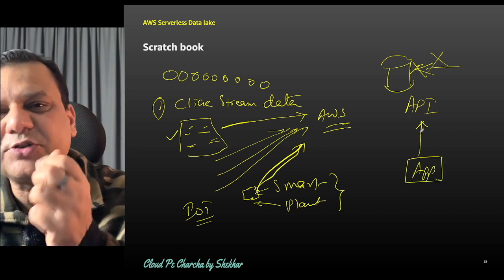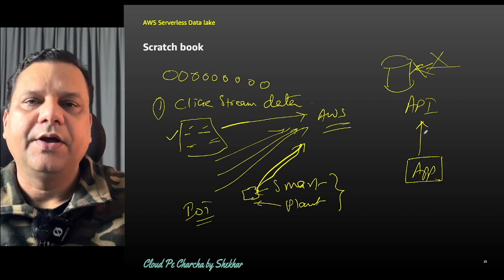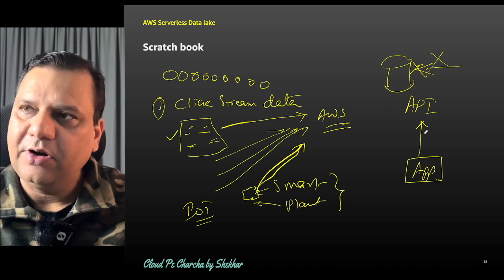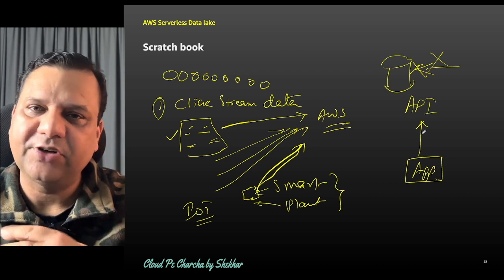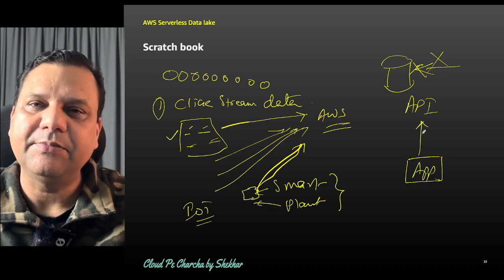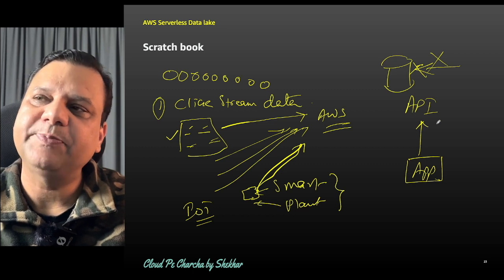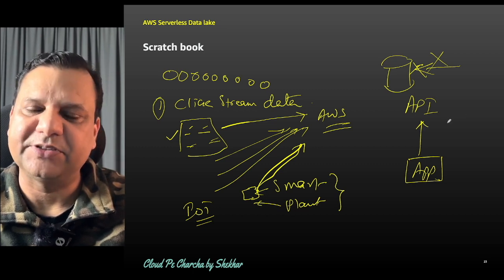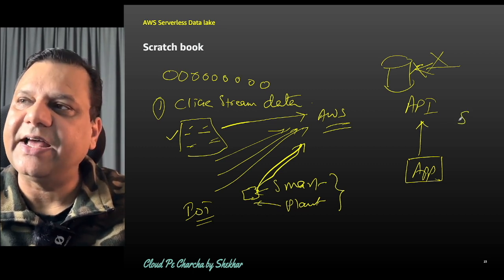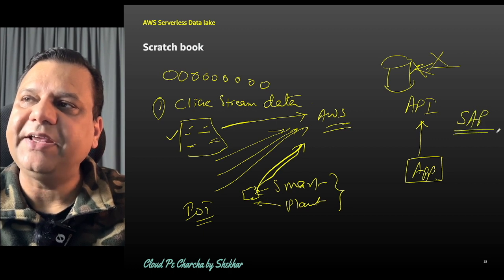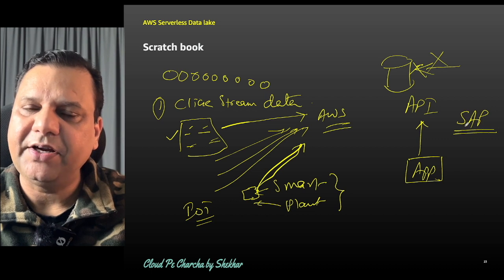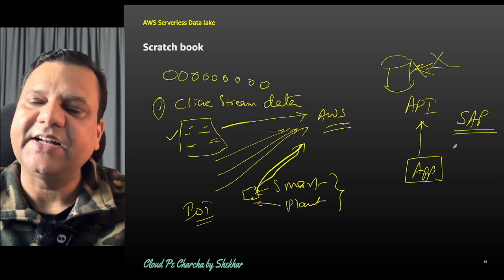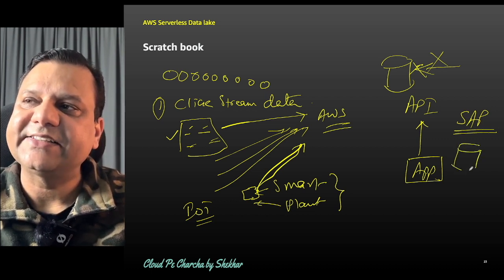get all that data. Now, either you can write your own code to fetch the data from those APIs, either as a batch or as an event-based mechanism, or you can use a specific AWS service for that purpose. The same thing happens with SAP also. SAP is actually not a SaaS-based application deployment, but SAP also doesn't allow you direct access to their database.